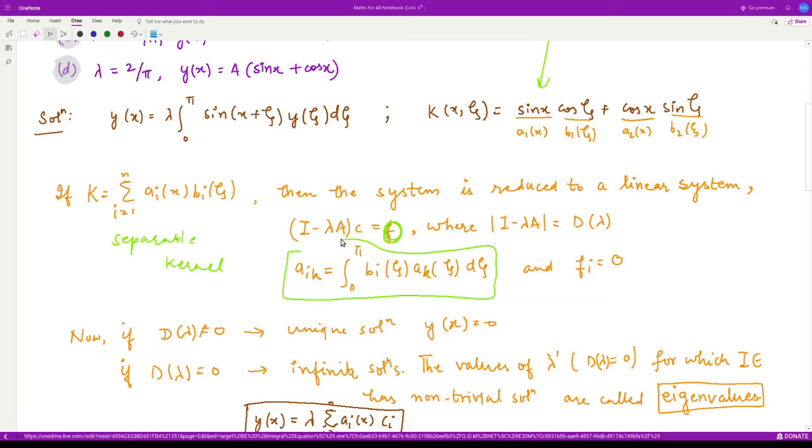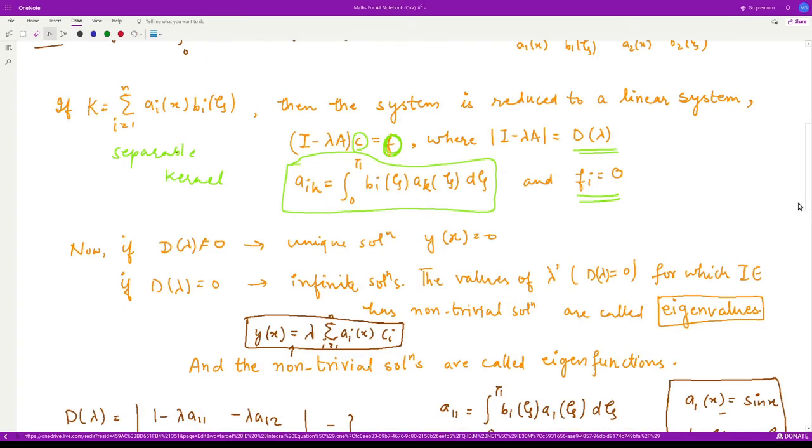So a_ik is basically the integration from 0 to pi of b_i(zeta) a_k(zeta) d zeta, and here the f_i's are 0. The matrix C contains some constants which we need to determine, and the determinant of I minus lambda A is D(lambda), which is some polynomial in lambda.